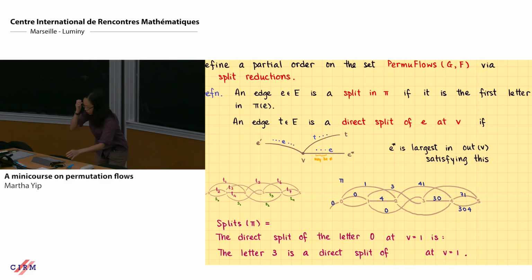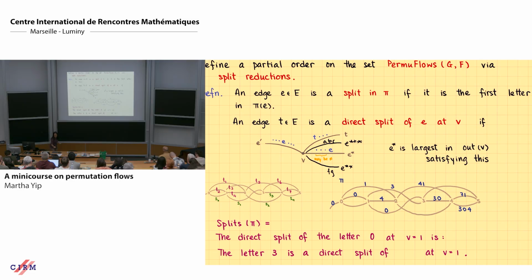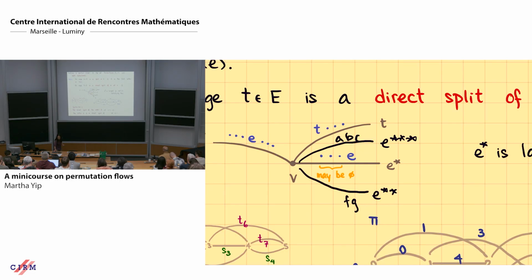The largest for all edges. So there could be other edges, and there could be other letters. And so if this was the situation, then I would say T is a direct split of C.